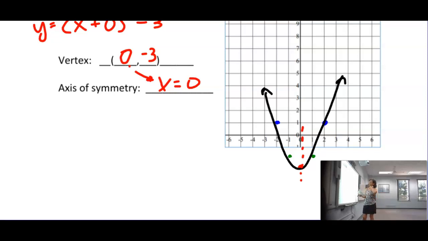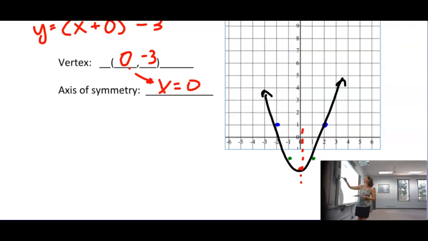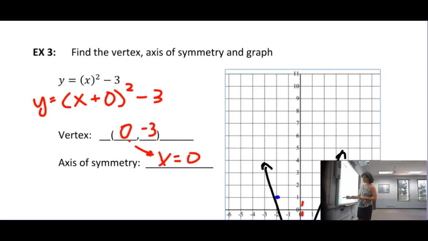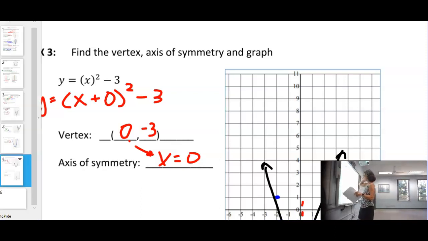Similarly, in example 4, we have something being added to the x squared term, right? We've got this -3 here being added to the x squared term. What do I have being added to my x squared plus 5? I'll look for it.